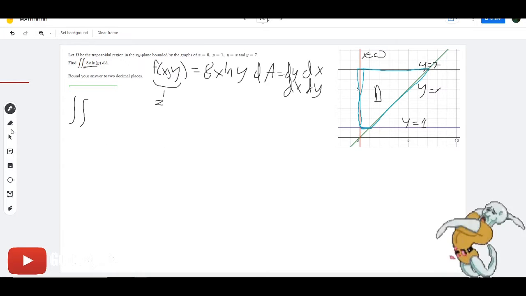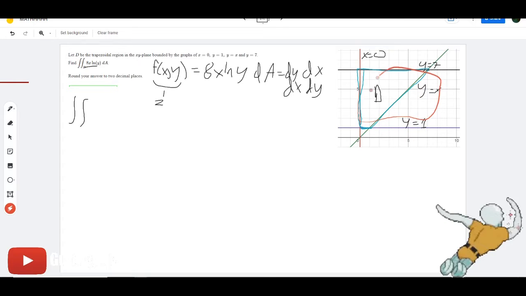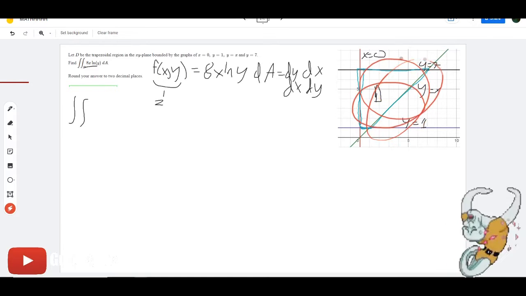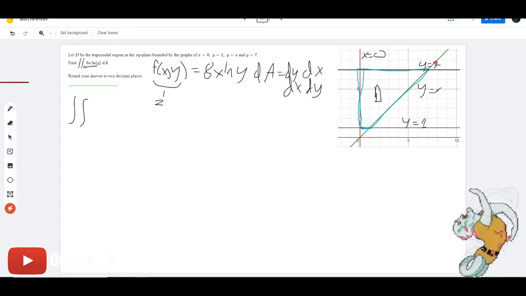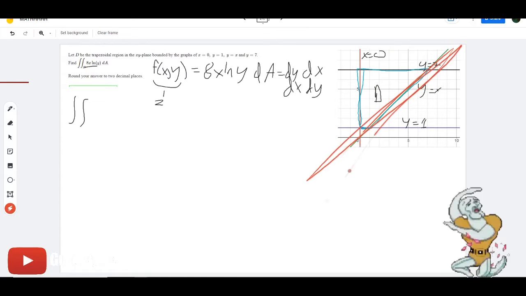But that would be a rectangle, and we have to take into account this y equals x going through it, cutting it almost in half.